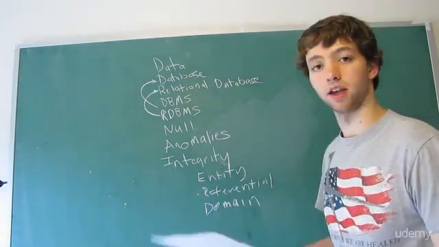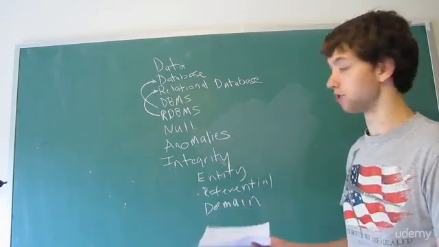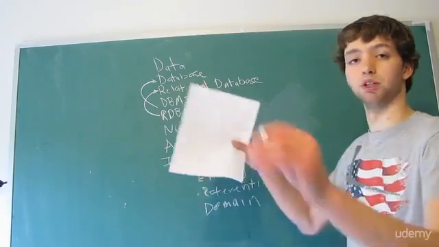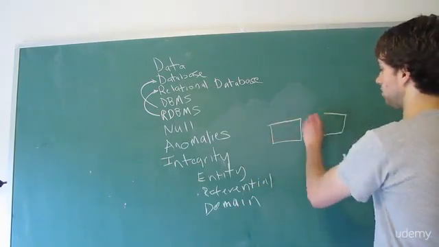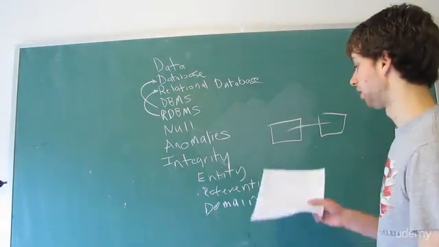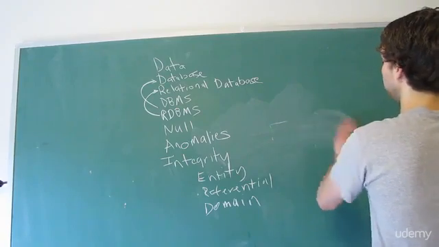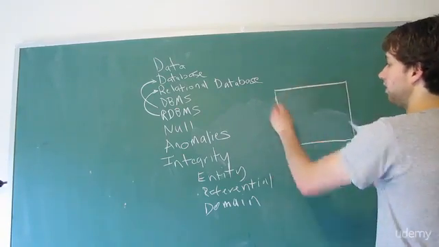Entity integrity is saying uniqueness among the table. Referential keeps the connections, the foreign keys and primary keys, connected across multiple tables. So we could say these 2 tables have some kind of connection. And then domain is basically saying a column within a table has all of the expected values.